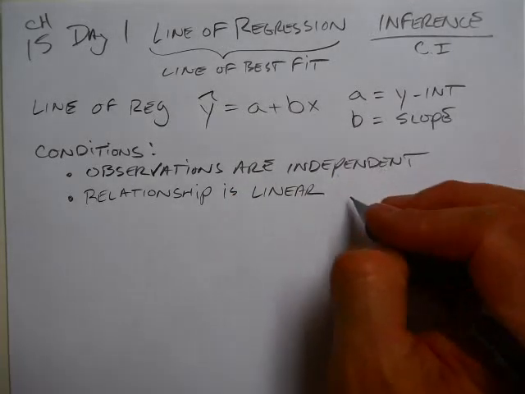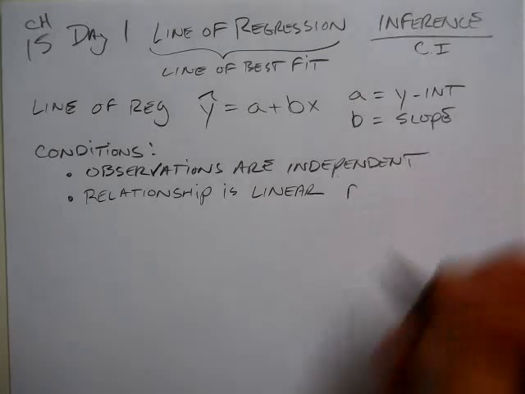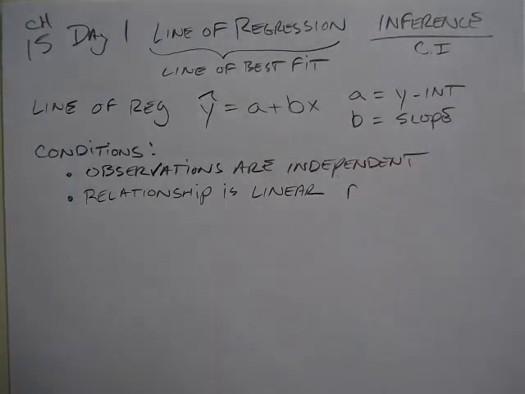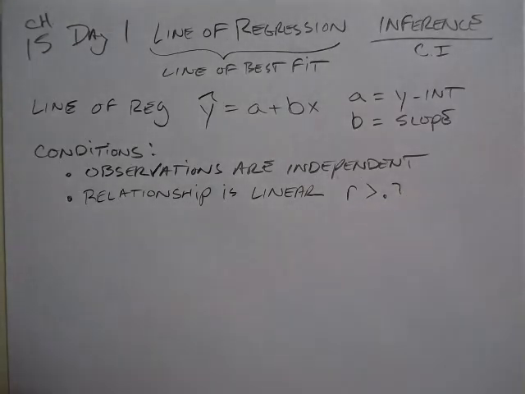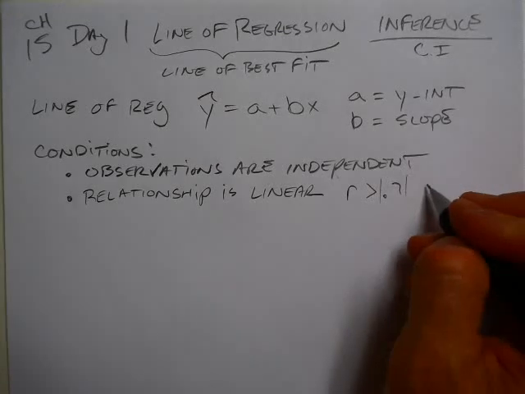And we have some r values and r squared values that apply to that. Does anybody remember what values of r have to occur for us to consider it potentially linear? It's been a long time. R has to be greater than 0.7. And this is an absolute value because r can be negative.